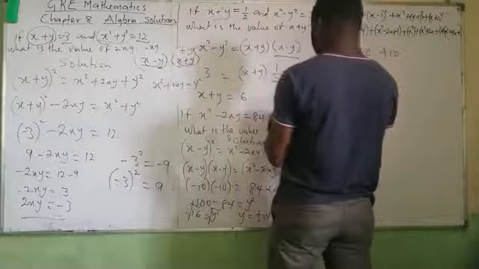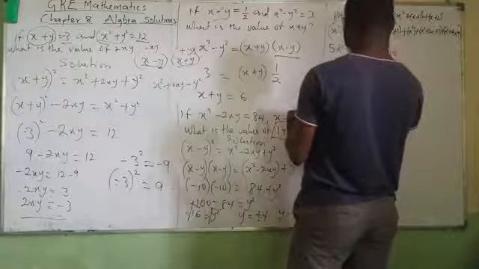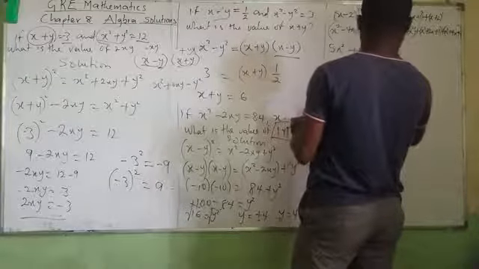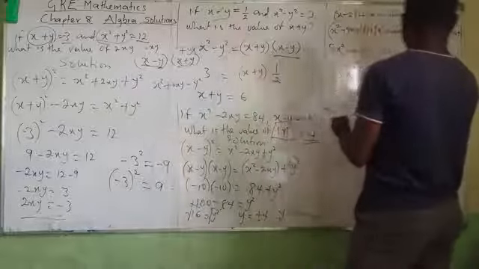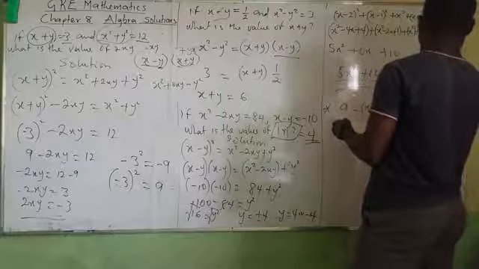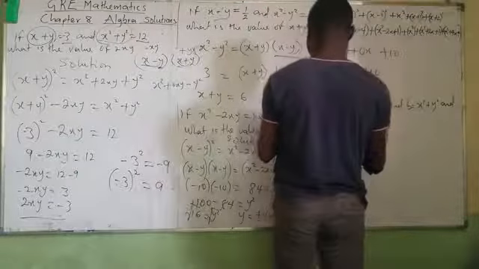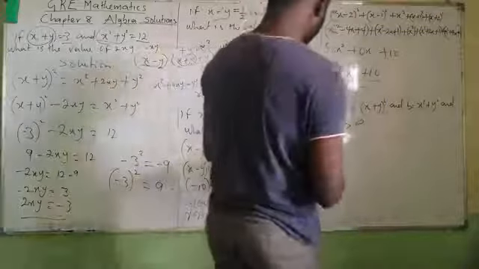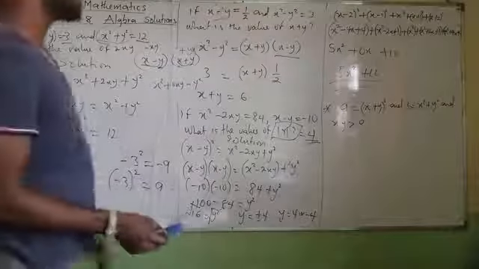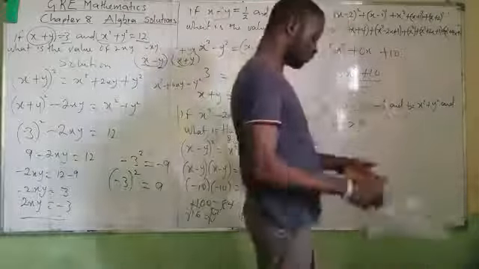Now, I have a equals (x plus y) squared, and b equals x squared plus y squared, and xy greater than or equal to 0. Xy is greater than what? Is 0. Okay. Xy is greater than 0. It means they can be 1, 2, and above.